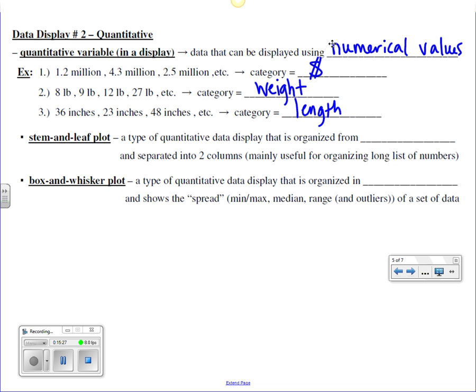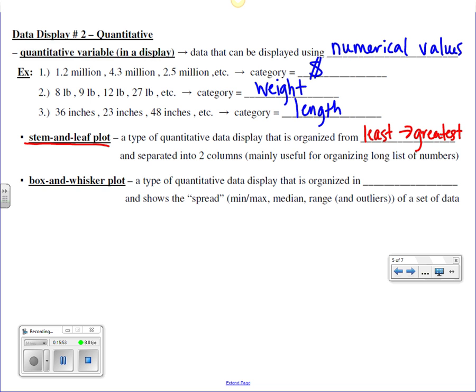Okay, so on this side we're going to be doing stem and leaf plots. Again, I think you did those in middle school maybe. A type of quantitative data display that is organized from least to greatest. And it's separated into 2 columns. Okay.